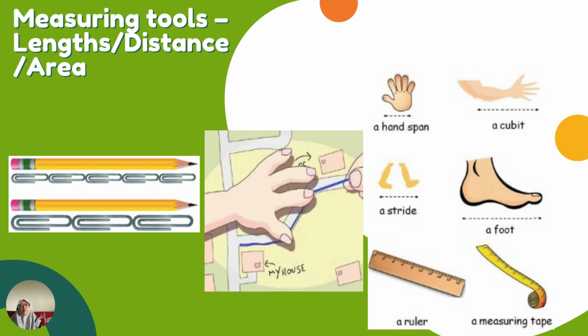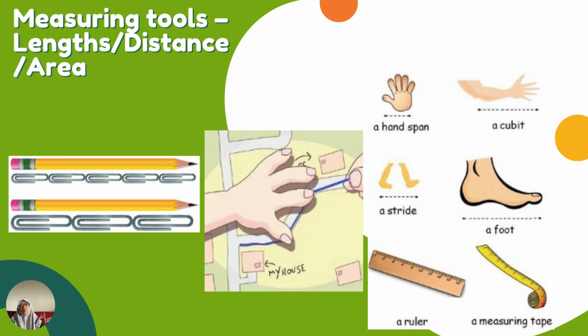A foot will be your foot. How big is your foot? So you measure your foot, and then you cut a thread, and then you use that to measure the desk, for example. A stride is how far you can walk. So for a small person, a child who is small in size, the stride will be smaller.